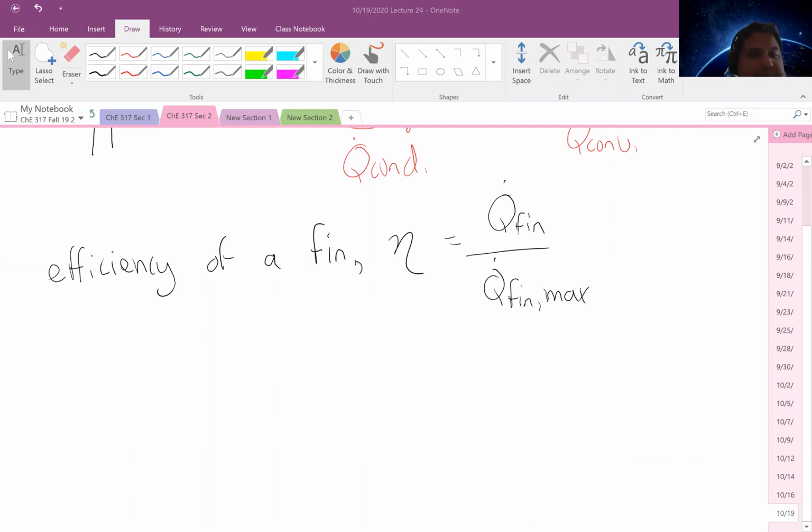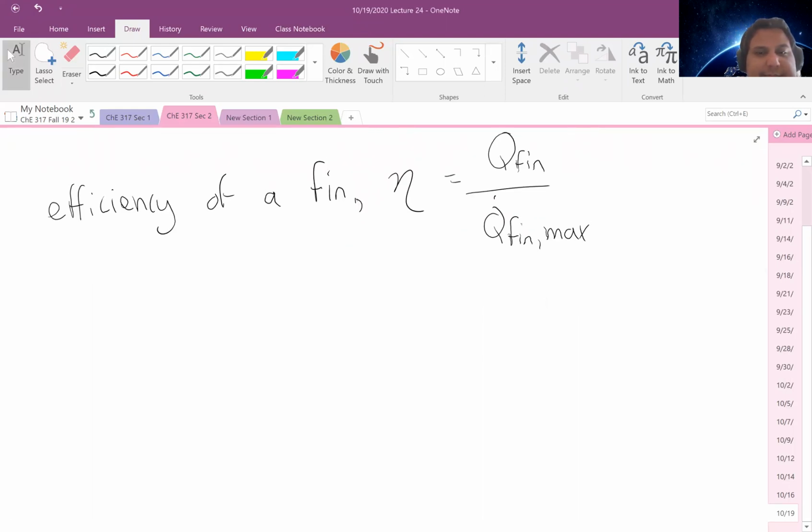What we find is that for a fin system, the efficiency can exist in one of two forms.